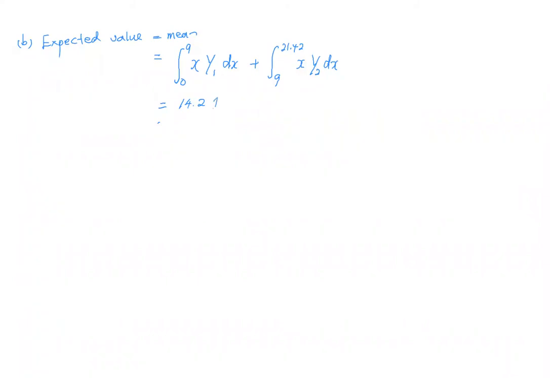That is how you find your expected value. Then you tell me how to find the standard deviation. Still the same, 0 to 9. Now for standard deviation, you have to square the x. Am I right? So all these formulas, please write them in your one-page handwritten notes.